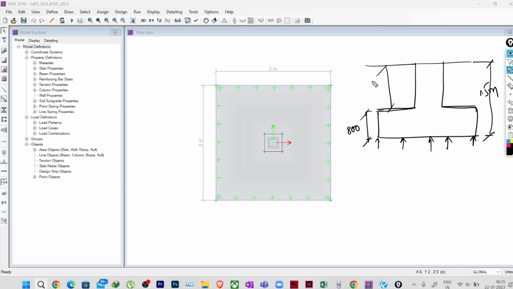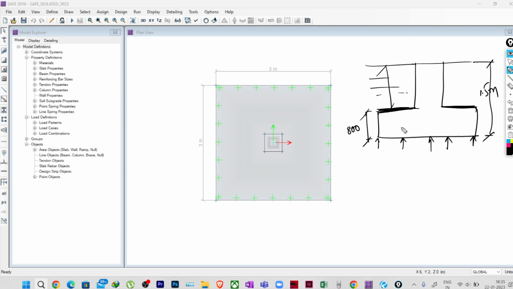So now here we will be having soil, and this soil load will be applied here to get the gross pressure, not gross SBC, we will be getting the gross pressure. Now what will be the limit?